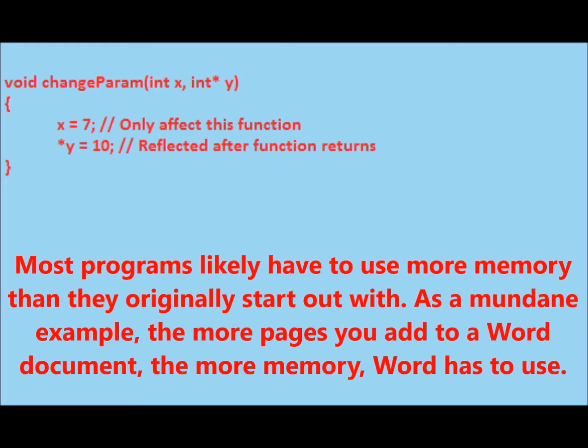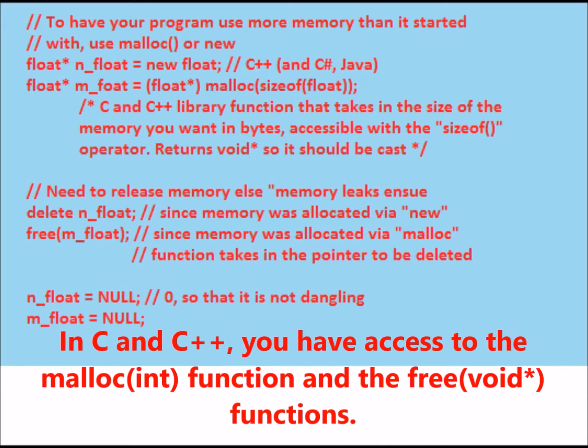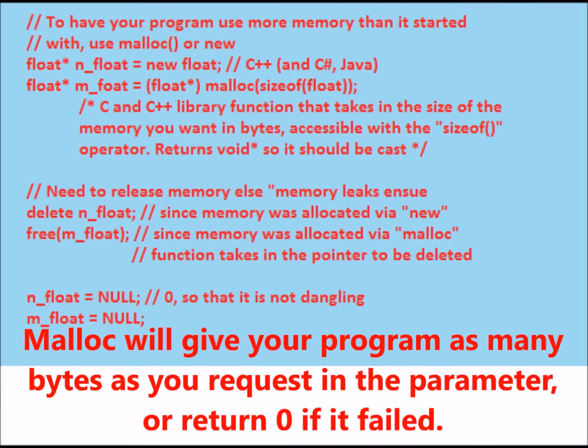Most programs likely have to use more memory than they originally start out with. As a mundane example, the more pages you add to a Word document, the more memory Word has to use. The more tabs you open in a web browser, the more memory the browser requires. In C and C++, you have access to the malloc and free functions.